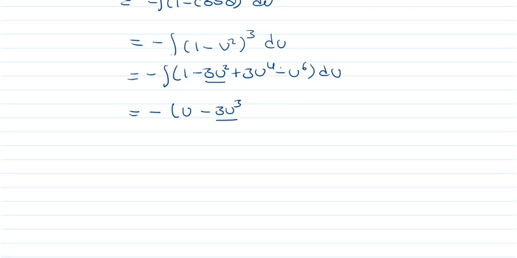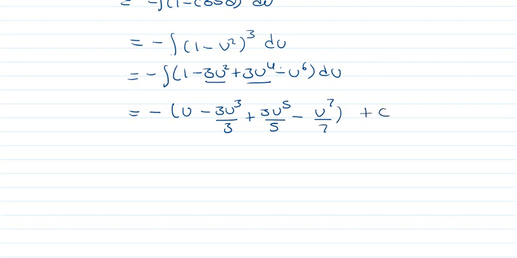Plus, for 3u power 4, it's going to be 3u power 5. When you add 1, then divide by the same power, which is 5. Then after that, we subtract u power 7. We add 1 to 6, you get 7 over 7. Then everything, we close it and add the c, a constant.